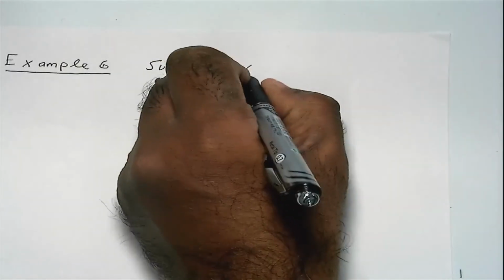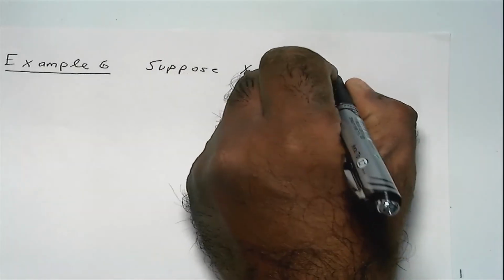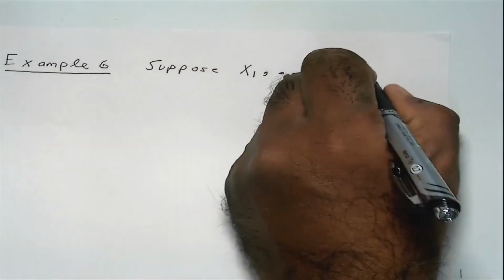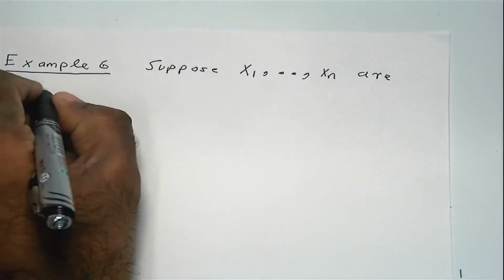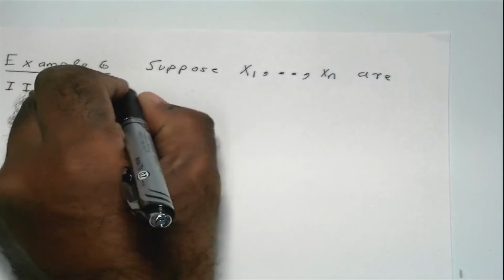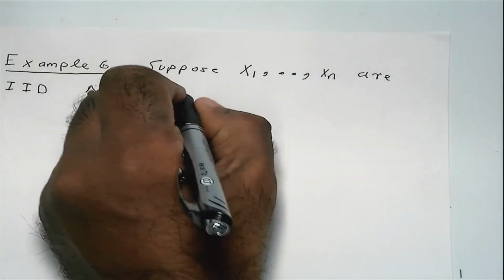Suppose we have an IID sample, normally distributed with 0 mean and variance sigma squared.